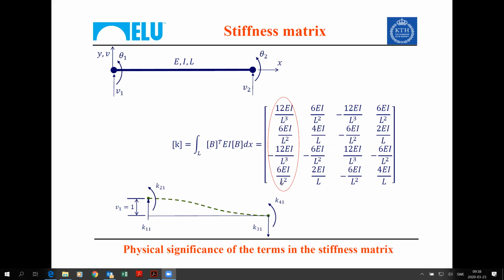In case this is the first column I am talking about, then that particular deformed shape is one with v1 equal to 1, then theta 1 equal to 0, no rotation, and then at node 2, v2 equal to 0, and theta 2 also equal to 0, so no rotation at the second node either. So keep this in mind. This is valid for all finite elements that we are deriving in this way.